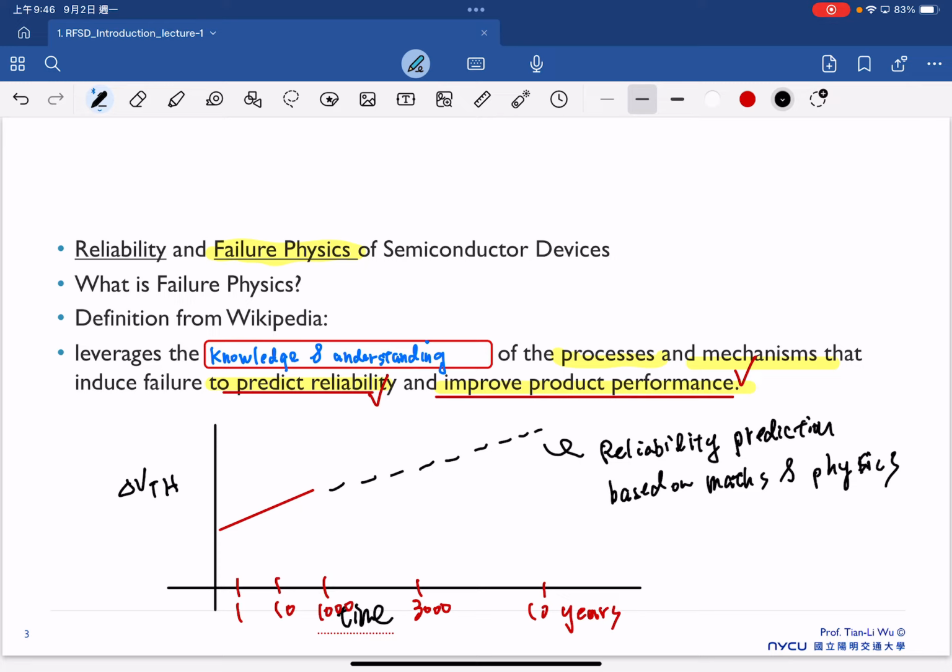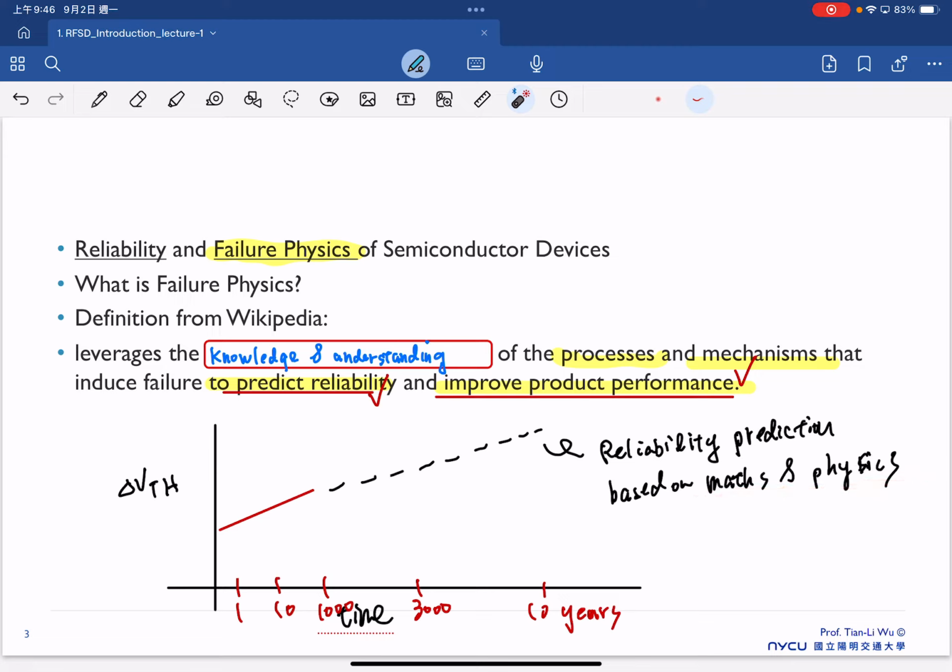One of the key points is that we do the testing up to 1,000 hours. But in the end, we have to do the reliability prediction. How do we develop this prediction model? It's based on our math and physics. That's why we need to understand the failure physics here.